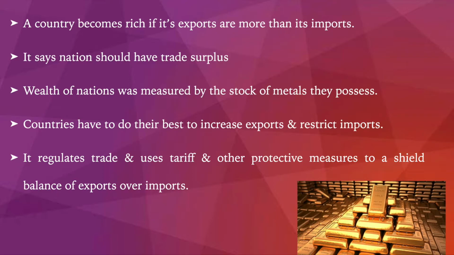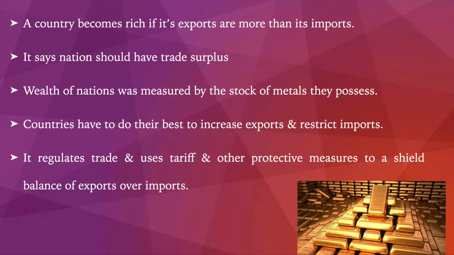When exports are more than your imports. Is that clear? Your exports must be, let's say, rupees 5 lakh and your imports rupees 1 lakh. That means my exports are much greater than my imports. Every time I export, back then the exchange would be in the amount of gold, or gold biscuits, or gold coins, whatever form the gold reserve was in.